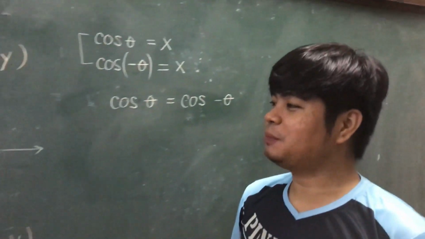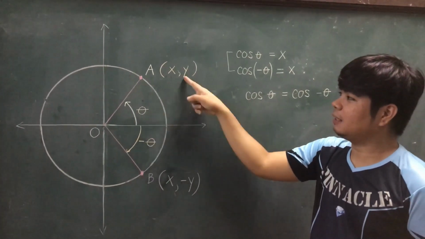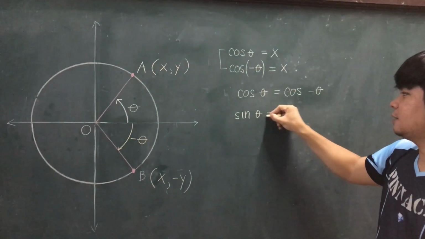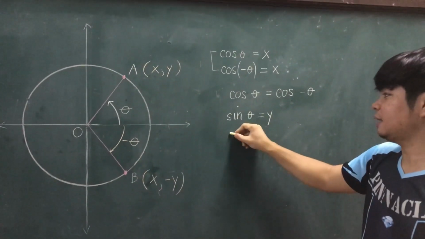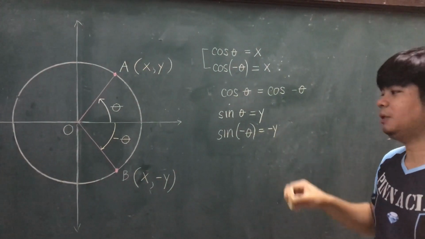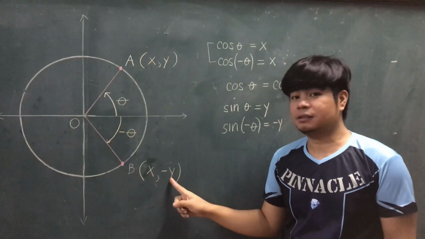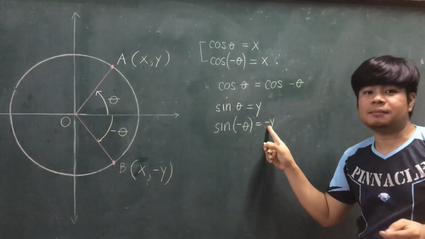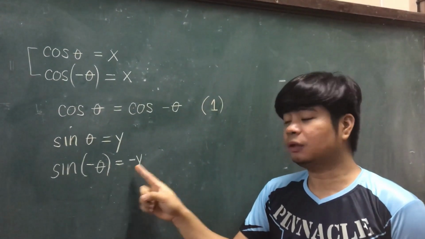Now, if we observe sine theta and sine negative theta, sine theta is equal to y. However, sine of negative theta is equal to negative y simply because this point B is already found on the fourth quadrant, so the y coordinate must be negative. Then how can these two be the same? Sine theta is equal to y, and sine negative theta is equal to negative y.